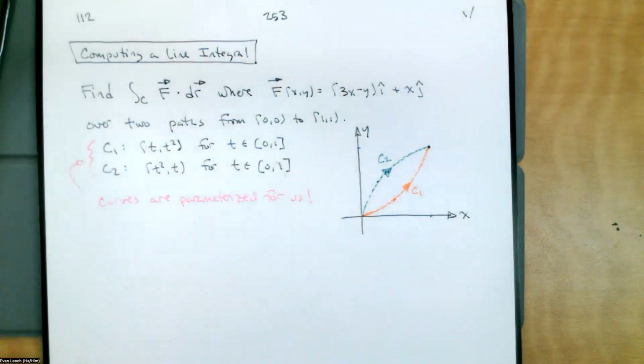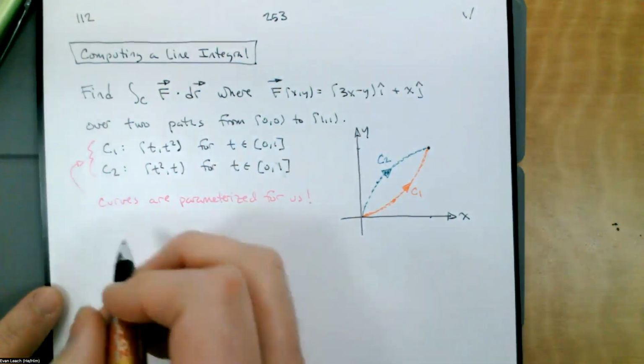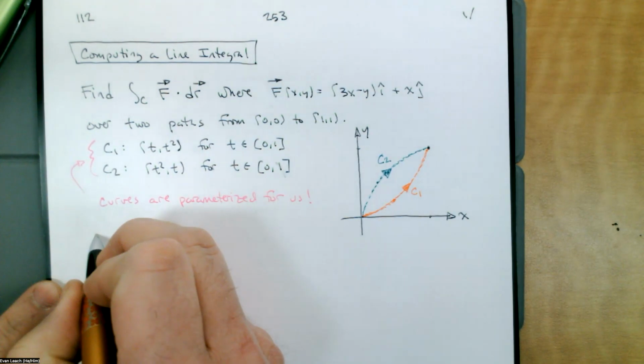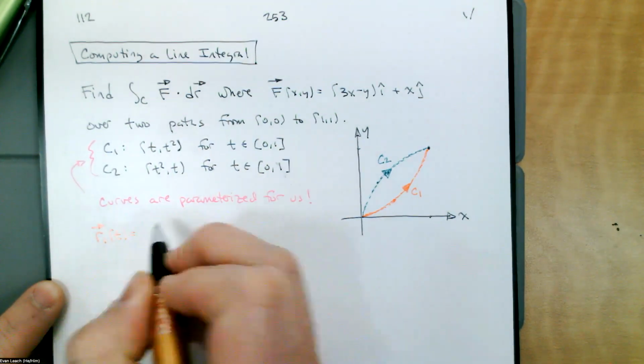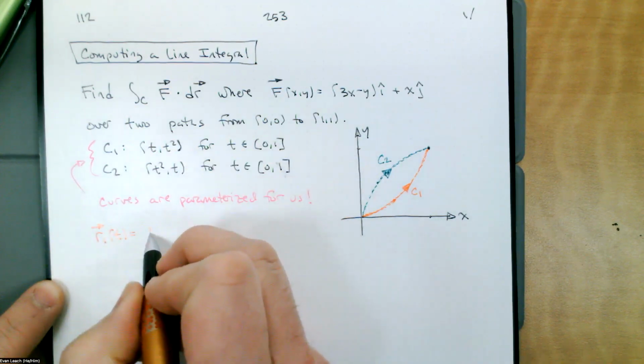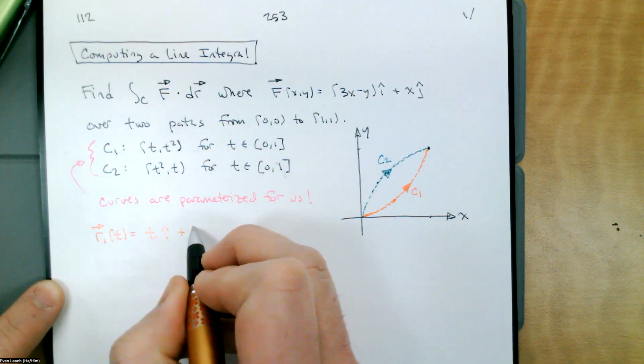The curves have been parameterized for us, but we want to write it in such a way that it makes more sense. So the C1 curve, I'm going to give the position vector r1 of t. The x component is t, and the y component is t squared.